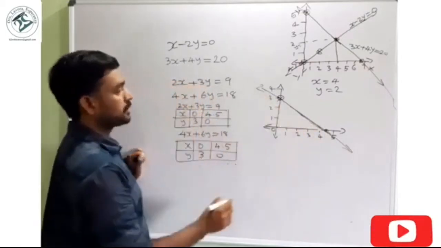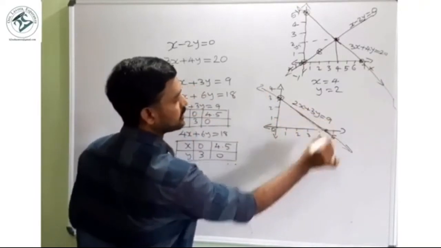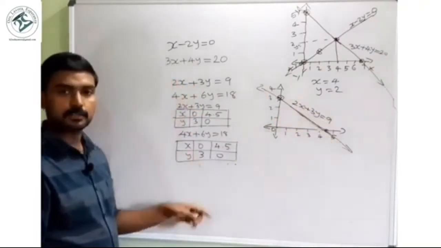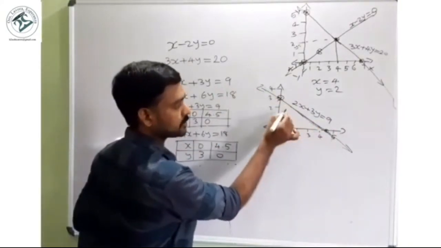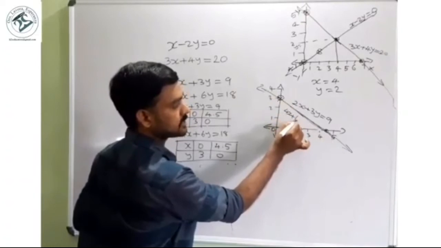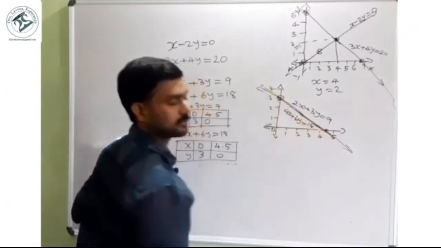This is the first equation, 2x plus 3y is equal to 9. Same points are here, so when we plot on the graph, the same result will be there. So the same graph will be there. So the second equation, 4x plus 6y is equal to 18, is also the same line. The same line will be the solution.